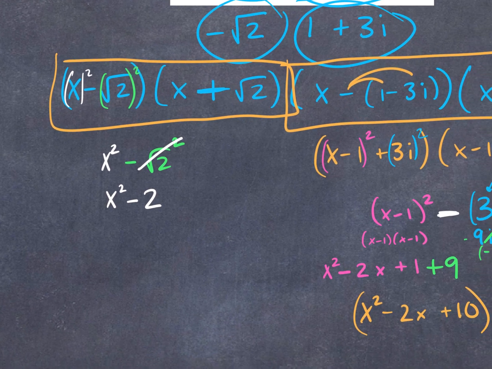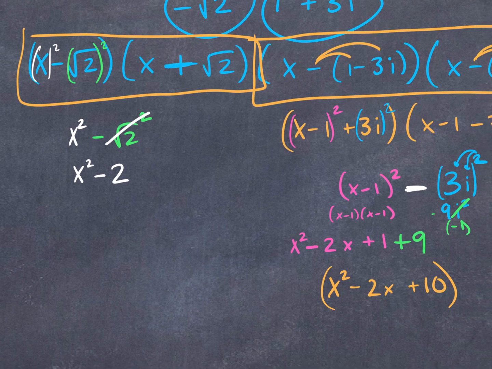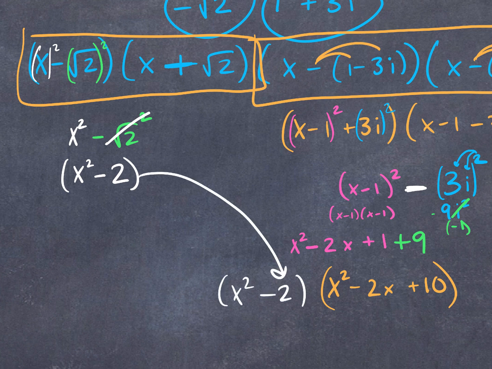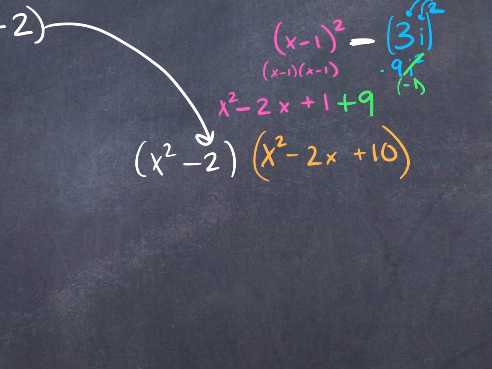What do I need to do next? So I take my answer from when I multiplied these 2, and when I multiplied these 2, and I'm going to multiply them together. So I'm just going to bring this one down over here. X squared minus 2. We got to multiply these 2 out.